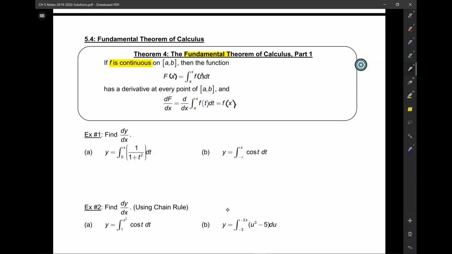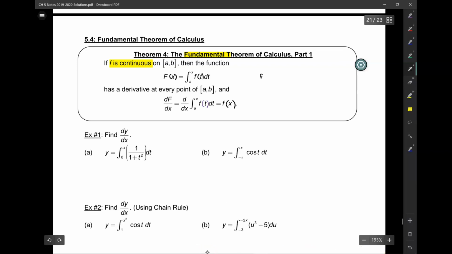It has parts. Another way of writing it is f of x, right? Little f of x is equal to the integral from a to x of f prime of t dt.